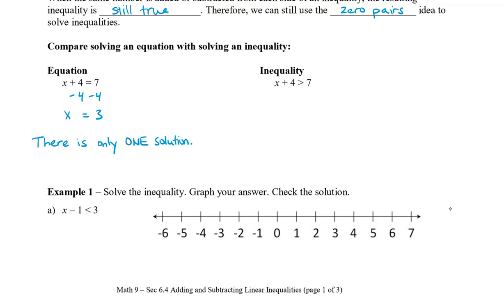All right, now let's solve the inequality. Again, we're going to subtract 4 from both sides. And then we end up with x is greater than 3. Now, x is greater than 3 means that we can find any number where the number is greater than 3. So there are actually an infinite number of solutions.